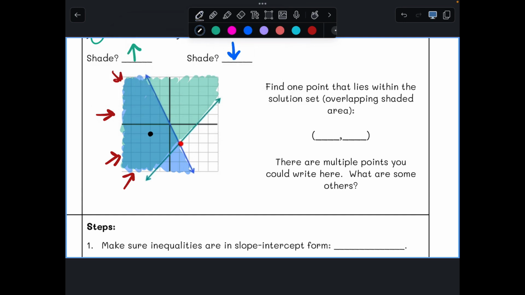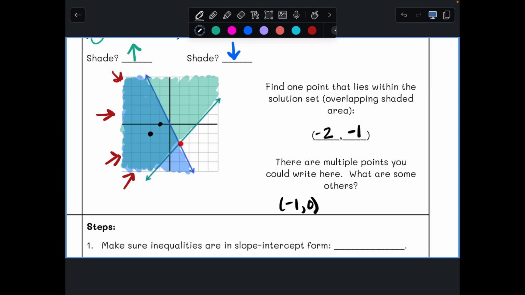That is negative 2, negative 1. That's one of the solutions. There are many points you can choose within that solution set, that double shaded area. So we could have picked negative 1, 0, which is here.